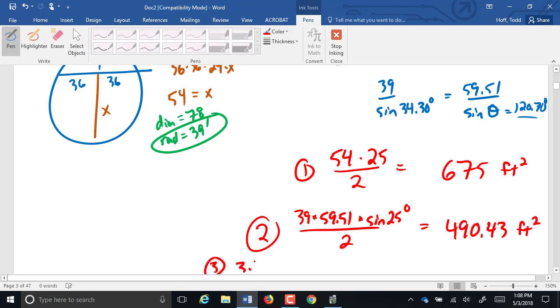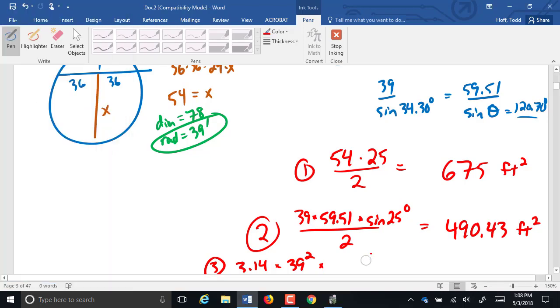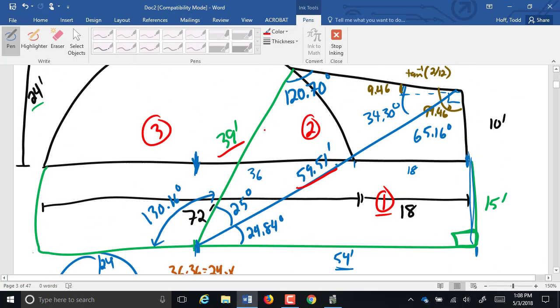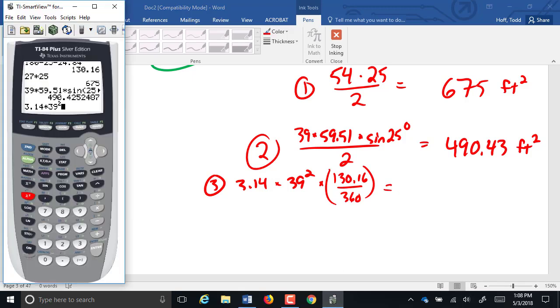And area 3 is that sector of that circle. So we start out with pi times 39 squared times, what's that angle? 130.16 over 360. 1,726.77.